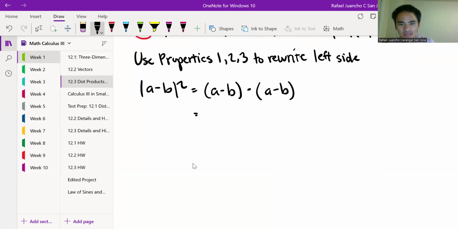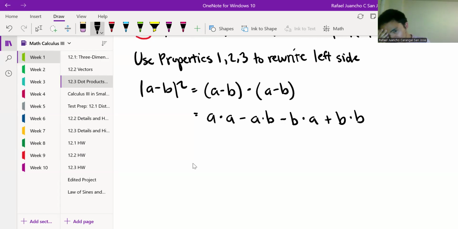And then this is the same as A times A minus A times B minus B times A plus B times B. So again, we did more expanding here in this case.